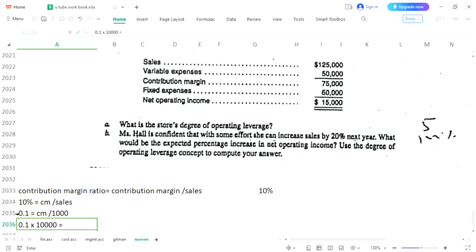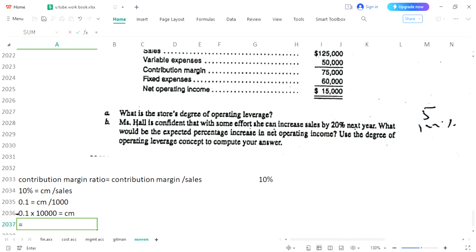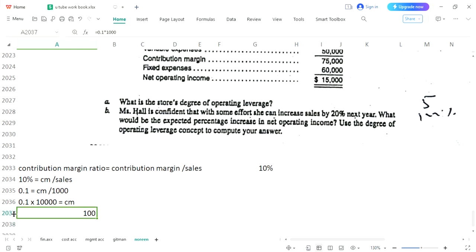What will be left on the left side is CM. So we calculate 0.1 multiplied by 1000. In this way you can calculate your contribution margin.